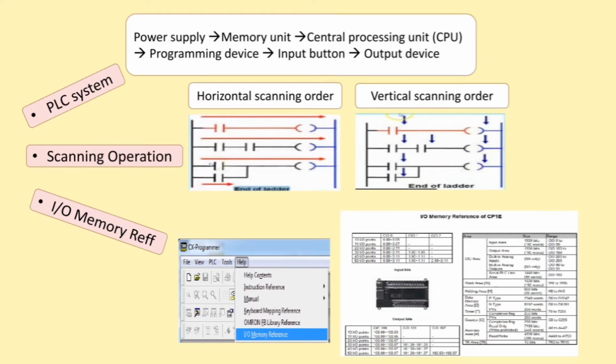For I/O memory reference, we can know the detail of input bits and output bits in a PLC program. For example, the CP1E CPU that has 20 I/O memory units has 12 input bits and 8 output bits.